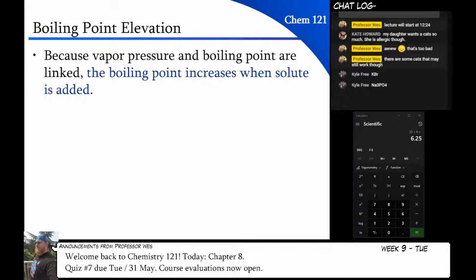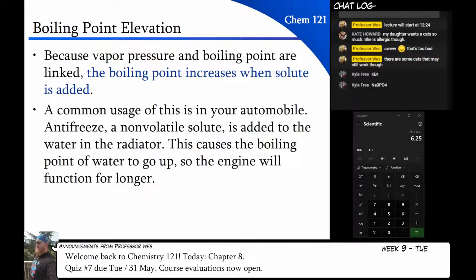Now, it's called antifreeze because primarily it's used to prevent freezing. But an additional effect of this is that when you add something to your radiator, the boiling point of the water inside the radiator in your car engine will increase, and thus it can absorb more heat from the engine and resist overheating.